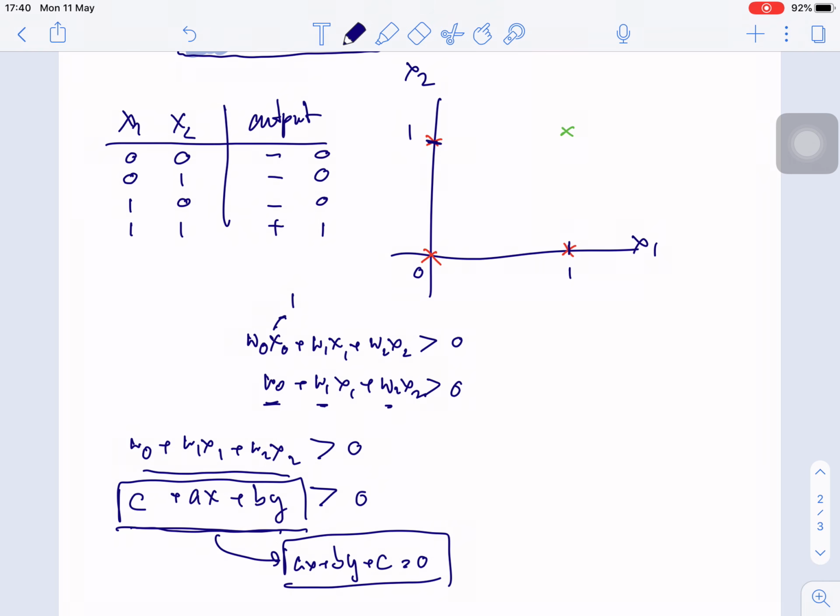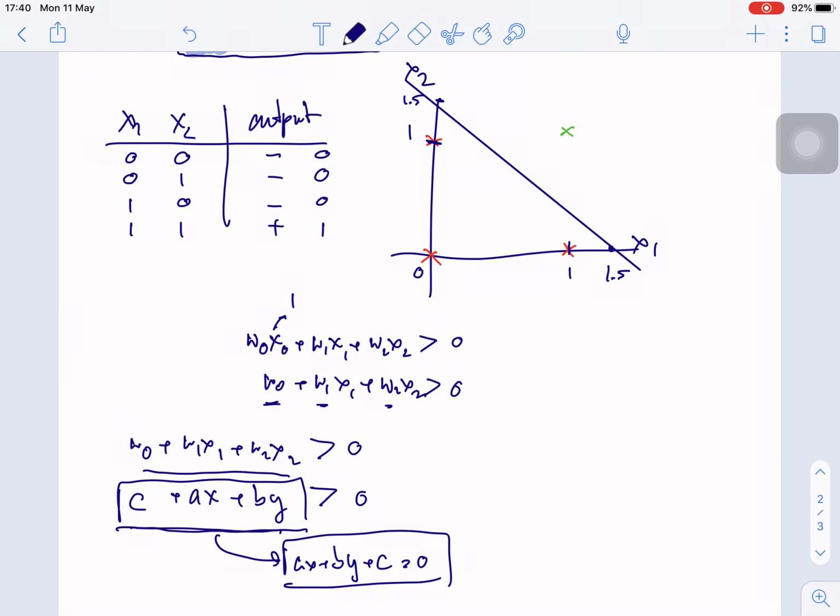So guys, if I select a line, we just particularly select the point 0.5 to be our line, like this. For example, I select this line 0.5, 0.5.